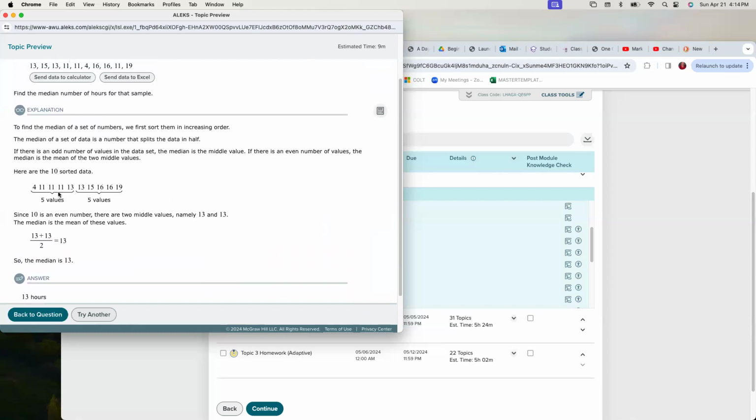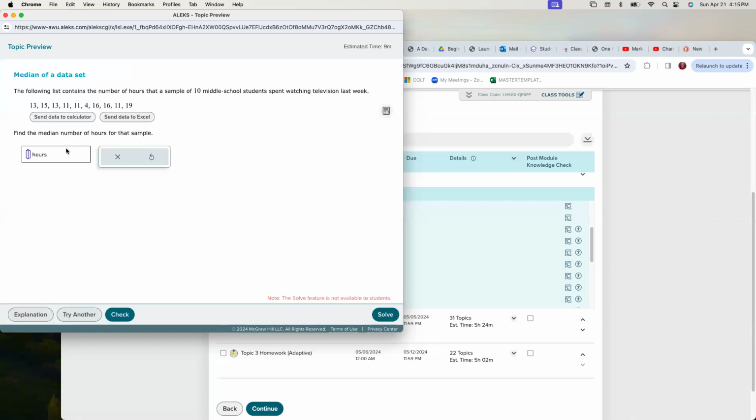Going back to the question, you pick the middle number, but you can't pick the middle number if there's an even number of observations like we have here. So what you would have to do is pick the middle two numbers and then average those. They just so happen to be a 13 and a 13. Regardless of what these are, you just take these two numbers, add them together, and divide by 2. And then you get your median.